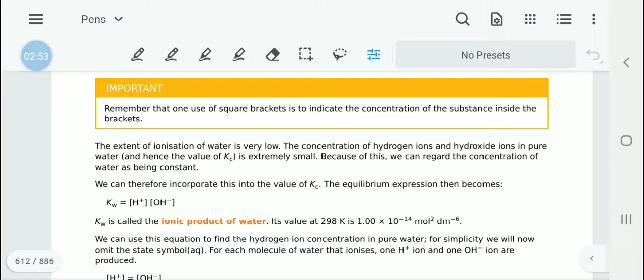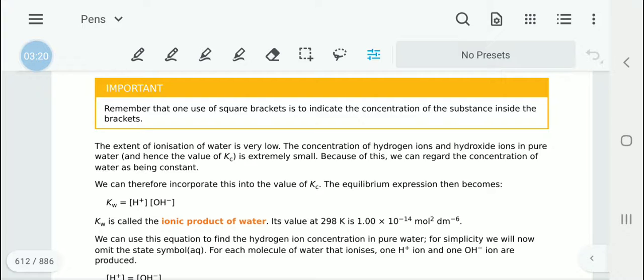As a result, we consider that the concentration of water would remain constant, because only a very little amount of water will dissociate. So we write Kc as an expression, but instead of Kc we write Kw, but it is the same thing. That is known as the ionic product of water.